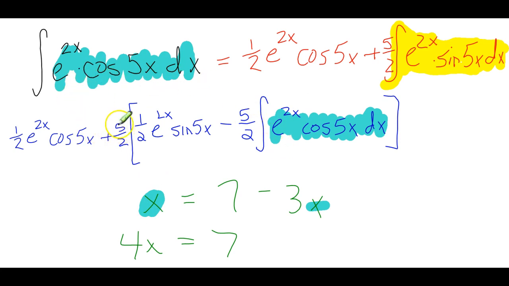When I finally distribute these 5/2 through all of these pieces, I will have an indefinite integral in two different places inside an equation, and I will just be able to do the same thing as with algebra. I'll be able to solve for the integral. So that's how we have to handle it when we have an exponential times a sine or a cosine.